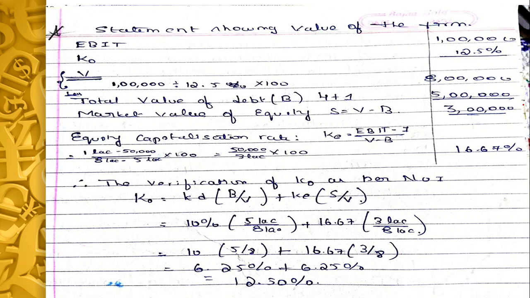What is the next thing that you will have to know? KE. Yes. Now concentrate here. You have the formula KE is equal to EBIT minus I divided by V minus B. If we take that formula, is this step necessary?